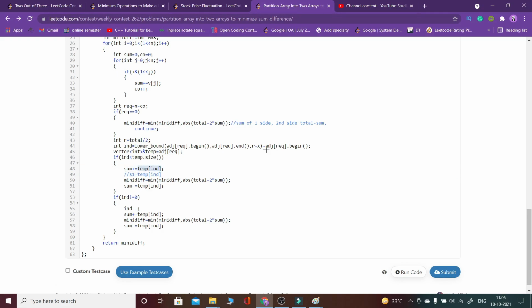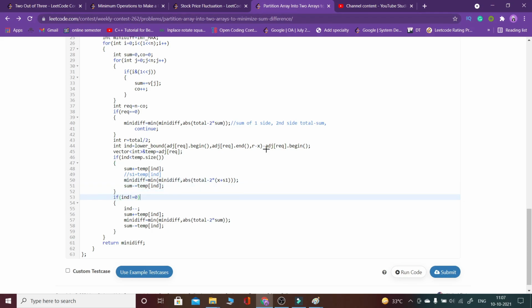So I've added that into the sum. Sum means x only. Either you can write s1 plus x as well. So 2 into sum, you could have also written x plus s1. That would also work fine. That is what we are doing. We are taking the minimum difference.